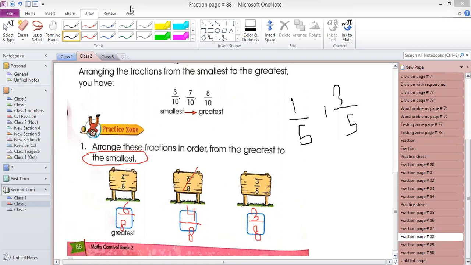Like 1/3 or 2/3, which is bigger? 2/3 is bigger, because the denominator is the same, 3, and in the numerator 2 is bigger than 1.